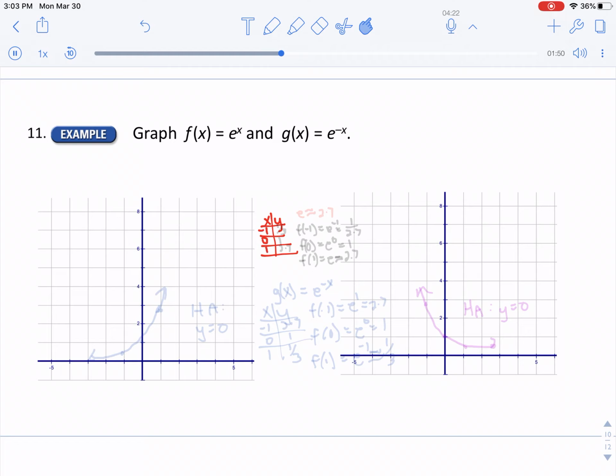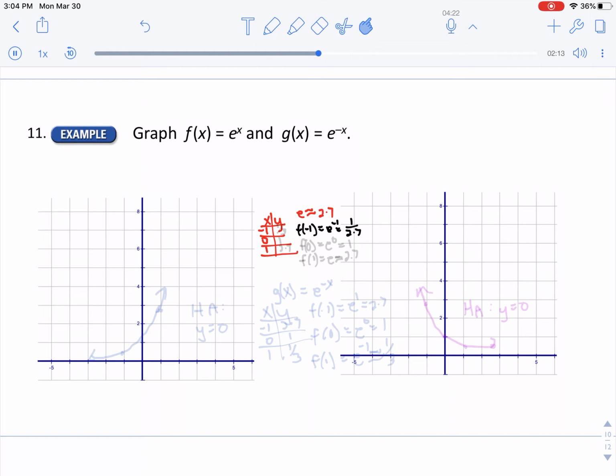And then we want to go down 1 and up 1. Now remember that e is approximately 2.7, so we're going to use that because we may not be using a calculator. So f of negative 1 would be e to the negative 1 power, which would be 1 over 2.7.